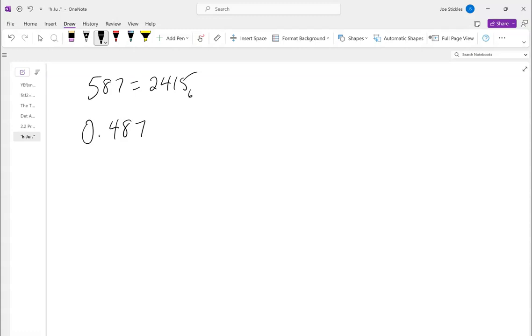If we're going to change it to a different base, we want each of those places to represent b to the negative 1, b to the negative 2, b to the negative 3, and so on. All right?